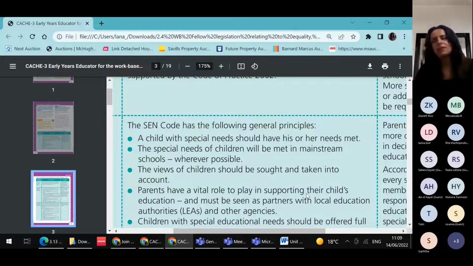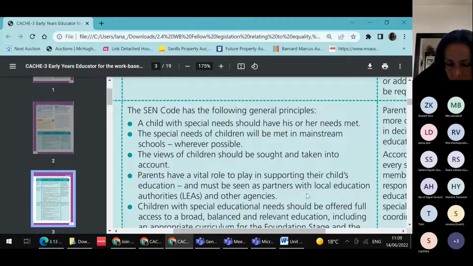So if the child is deaf, for example, we should create activities that don't require the child to listen, or maybe we can watch a video, or play activities which don't need listening, unless the child has a hearing aid.